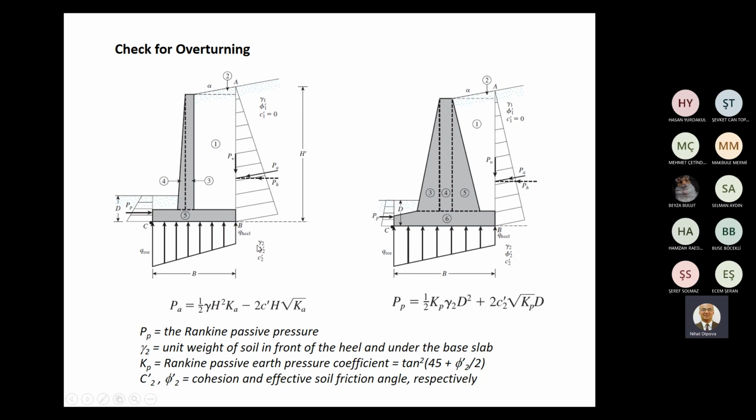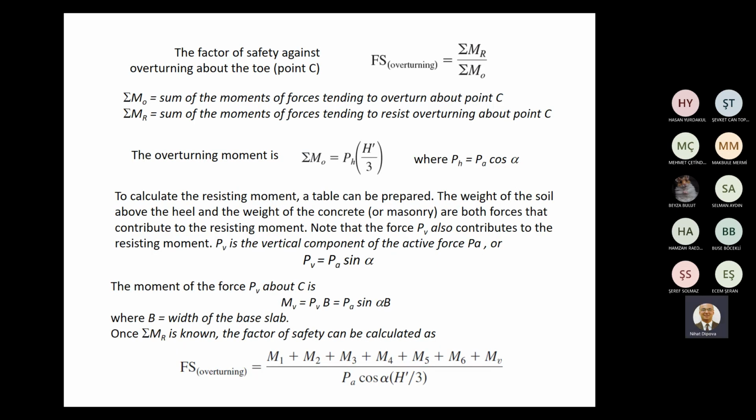And these values will not be the same as the cohesion and internal friction angle of the soil. We will discuss this in detail. And of course, we will apply some safety factors as a rule. Our safety factor for overturning will be equal to the total resisting moment divided by the summation of overturning moments.